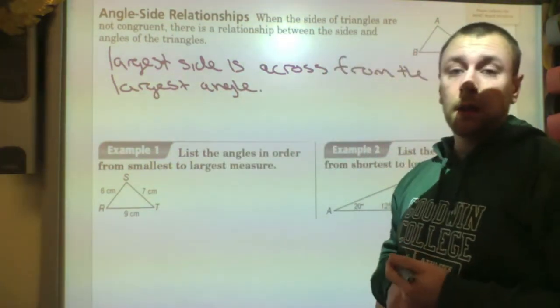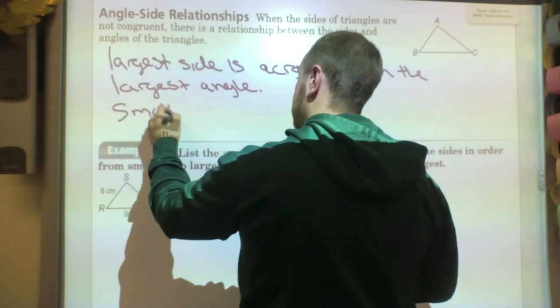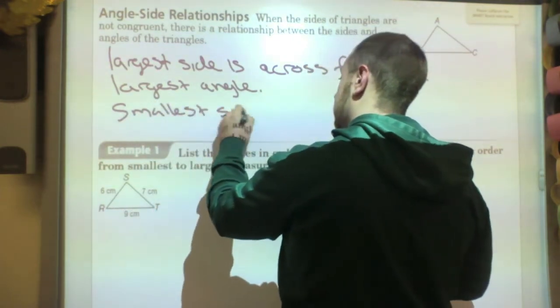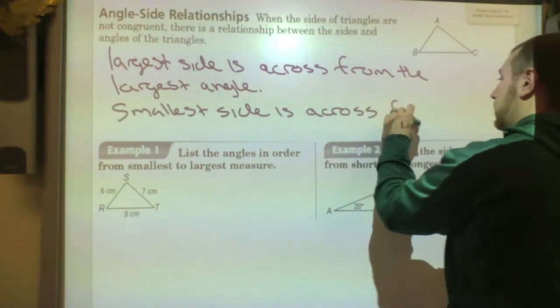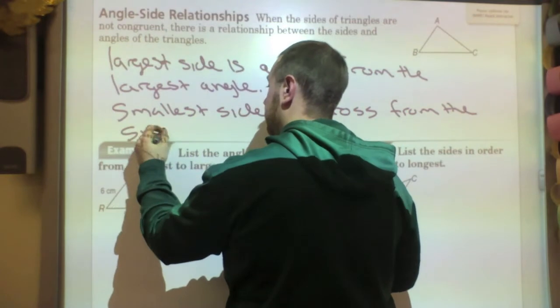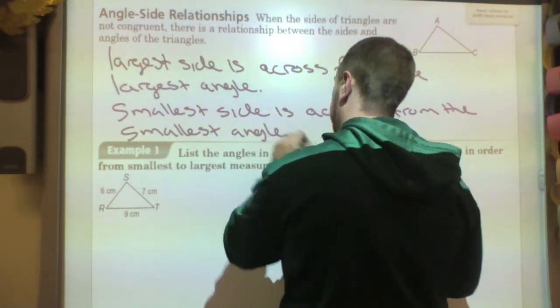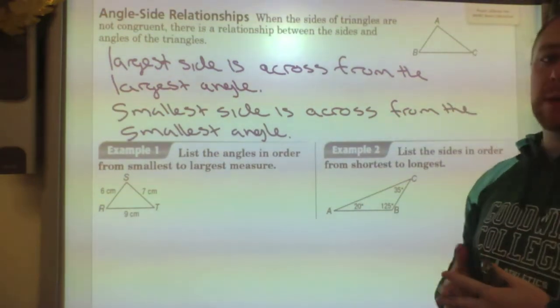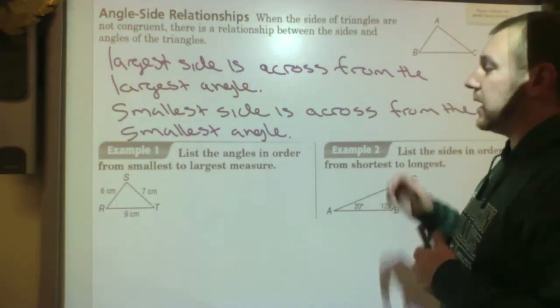Likewise, the smallest side is across from the smallest angle. So that's a property that we need to be able to rank the sides.